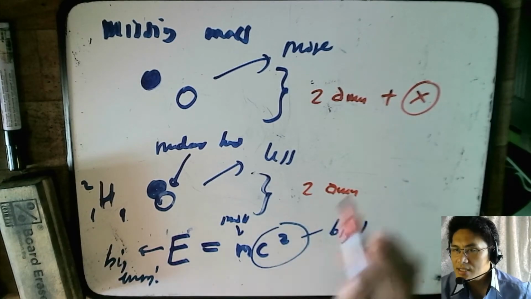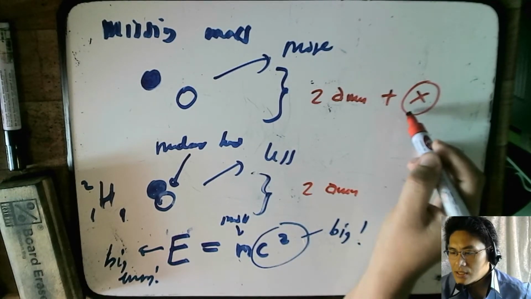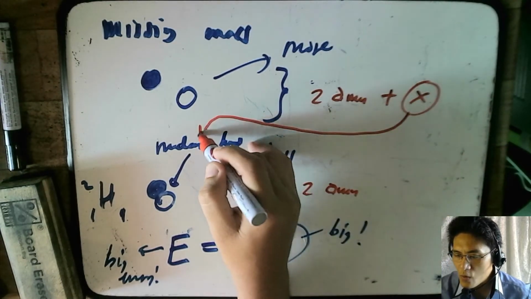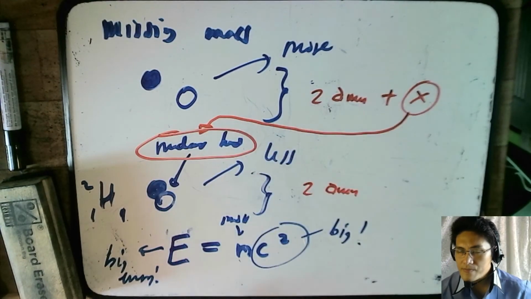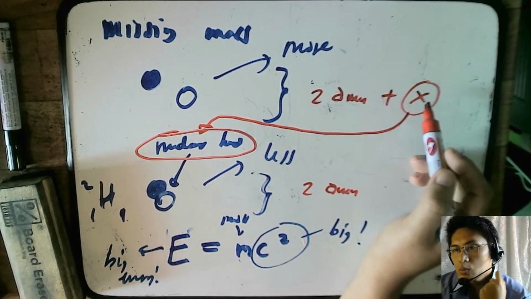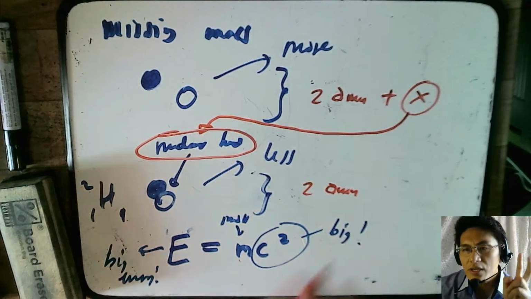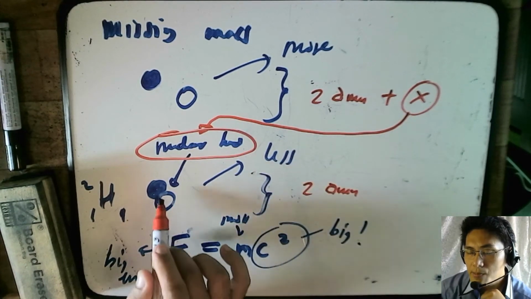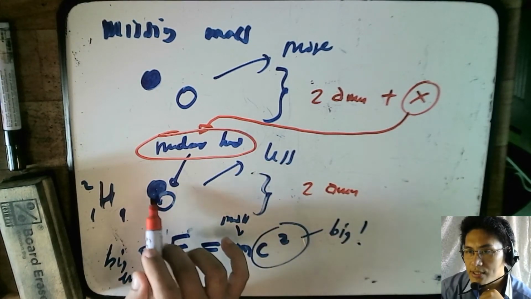What's happening is that missing mass, that X, was used to form the nuclear bond. That missing mass is, quote-unquote, converted to become the nuclear bond between the two nucleons.